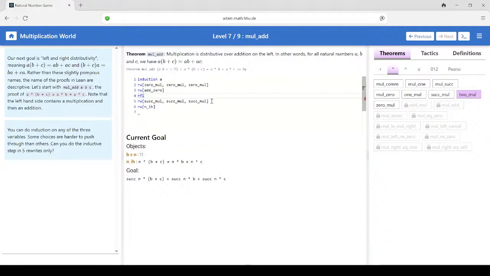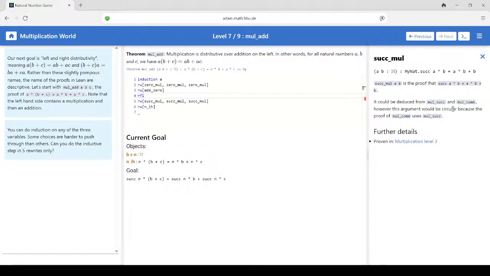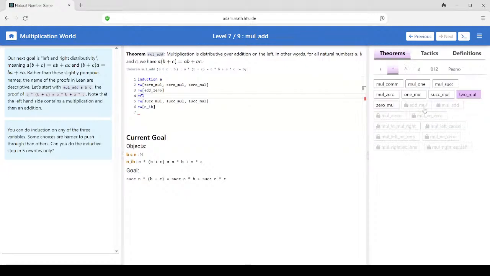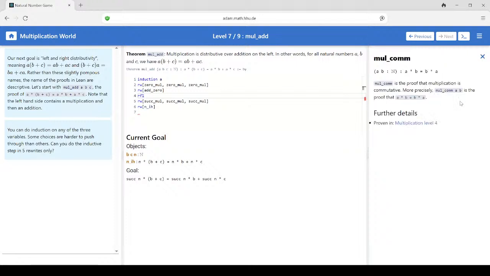I'm not sure I used the right thing here. Successor multiply. That does take in a successor and a multiply. Is there anything else I can use? It looks so close.